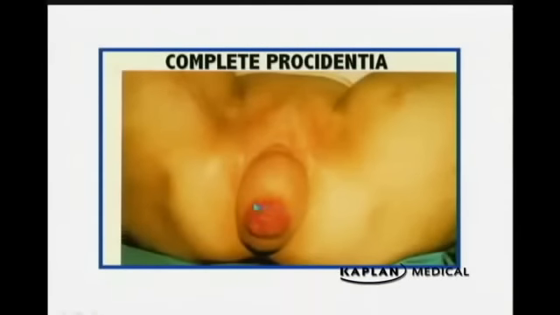This is the columnar epithelium of the endocervical canal, and you can see the difference in color between the columnar epithelium and the stratified squamous epithelium, which is out here. This could also represent an erosion or a wearing away of the columnar epithelium. And what we've got here then is exposed stroma. This is complete procidentia.